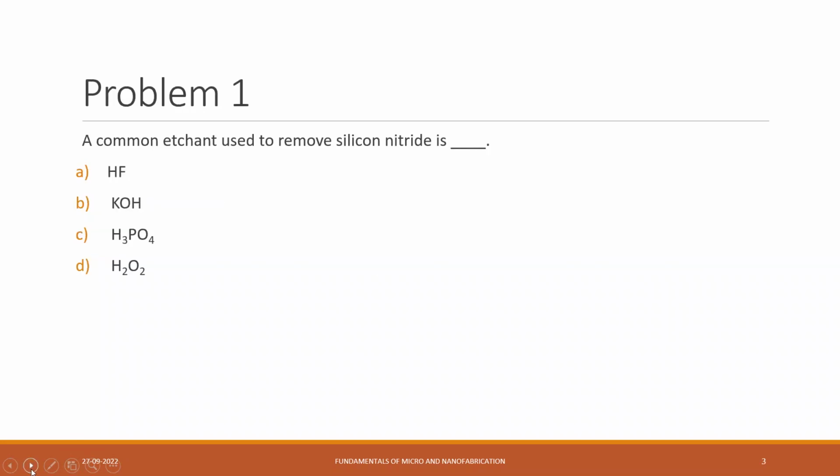So we know that silicon nitride is a very widely used passivating agent for silicon wafers, and so we have to mention what is a common etchant which is used to remove silicon nitride. These are some of the chemicals mentioned here: HF, KOH, H3PO4, and H2O2.